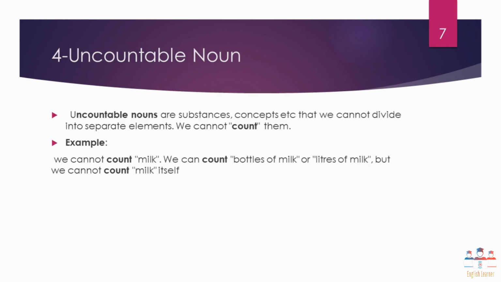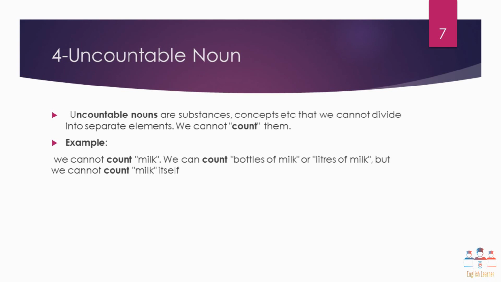Next is uncountable noun. As the name indicates, all the nouns which are not countable are called uncountable nouns. The definition is: uncountable nouns are substances and concepts that we cannot divide into separate elements. It means we cannot count them separately.